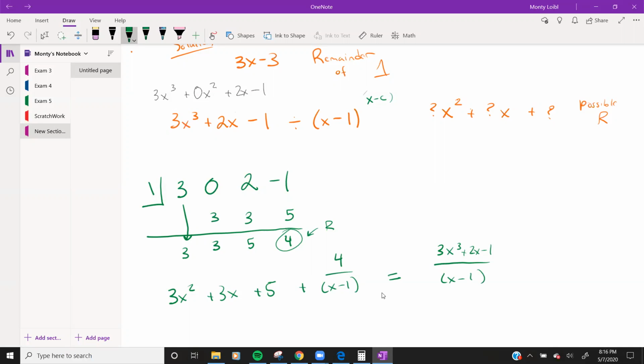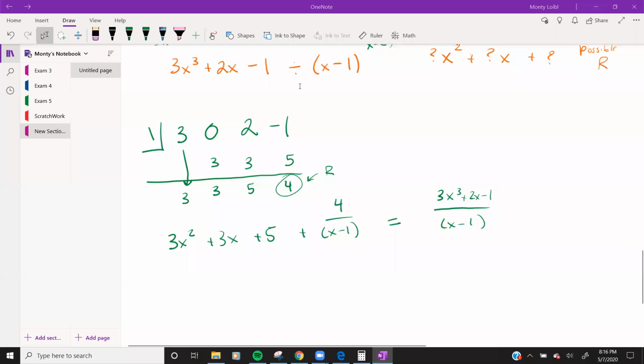Just another way to rewrite the problem is like that. And that would be our long division. Now again, we could do it with polynomial long division, but it would be similar. So when you put it, you see how you rewrite it at the end?